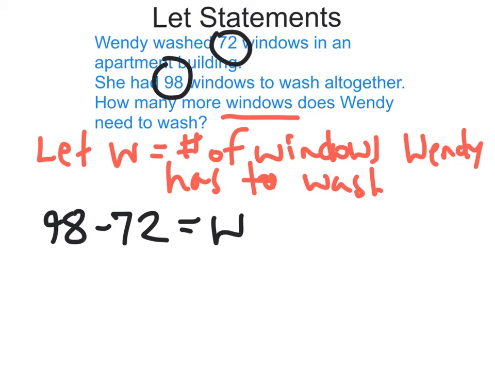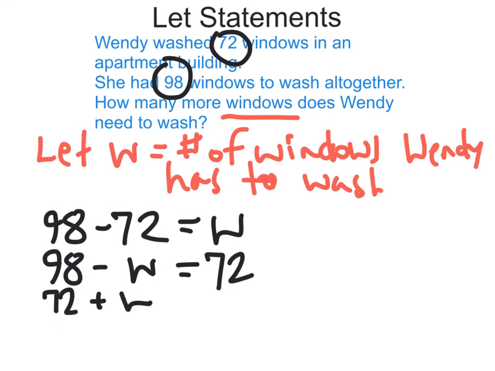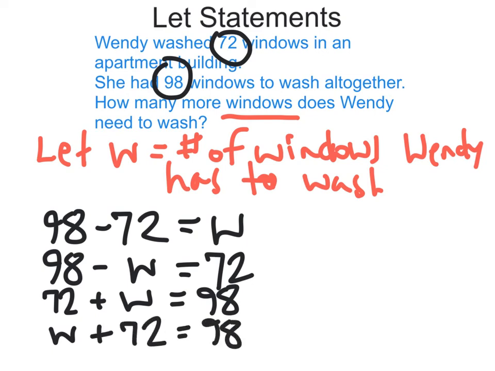I could also write this as 98 minus W equals 72. And along with two subtraction equations, I could write two addition ones. 72 plus W equals 98, and W plus 72 equals 98.